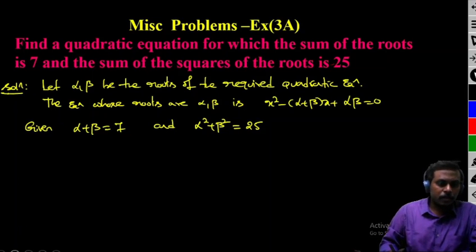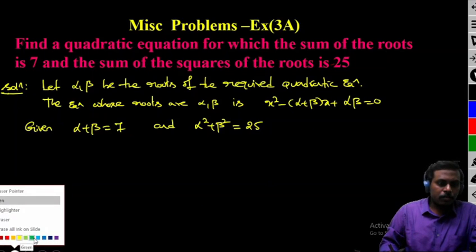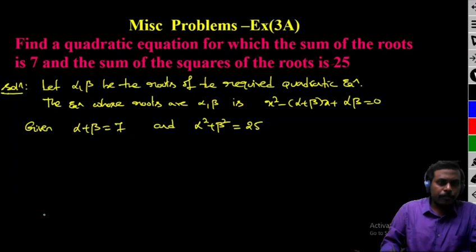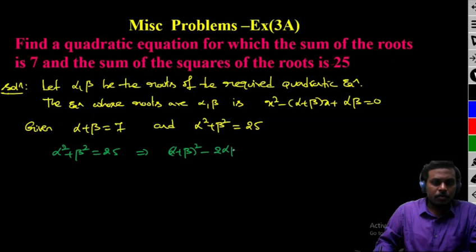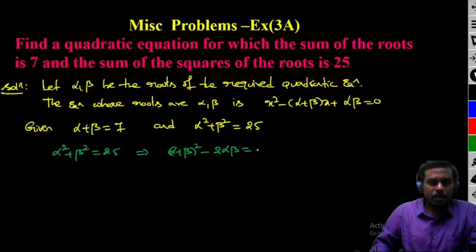So now we have alpha square plus beta square is equal to 25 implies alpha plus beta whole square minus 2 into alpha beta is equal to 25.